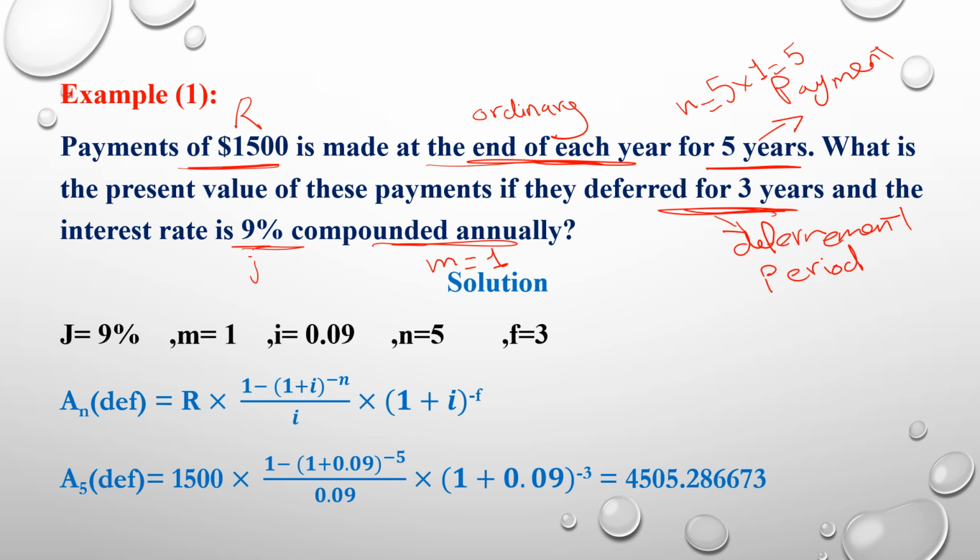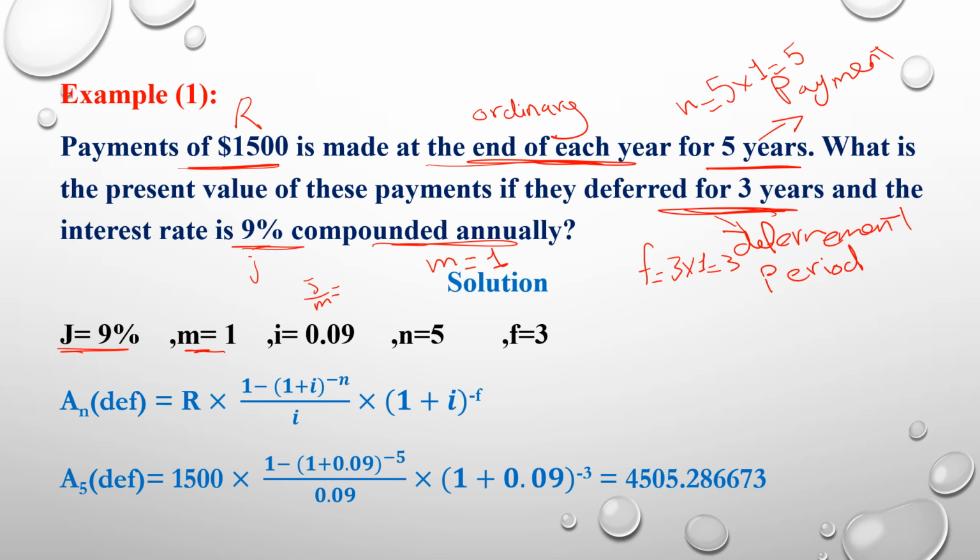The deferment period equals 3, so f equals 3 times M, which is 1 also, so f equals 3. So from this example, we have J equals 9 and M equals 1. So i, which is J over M, equals 9%, n equals 5, f equals 3.